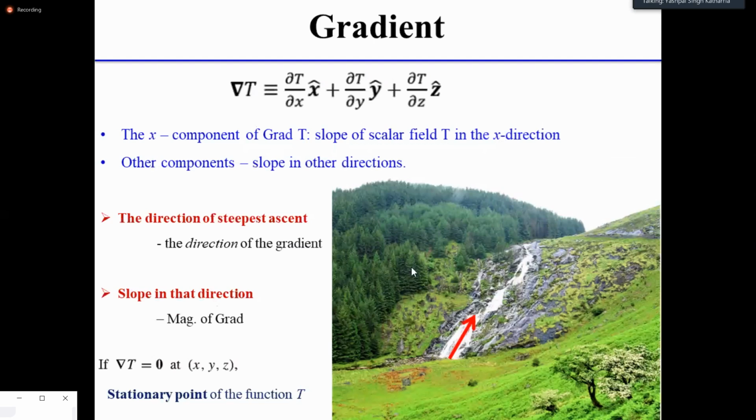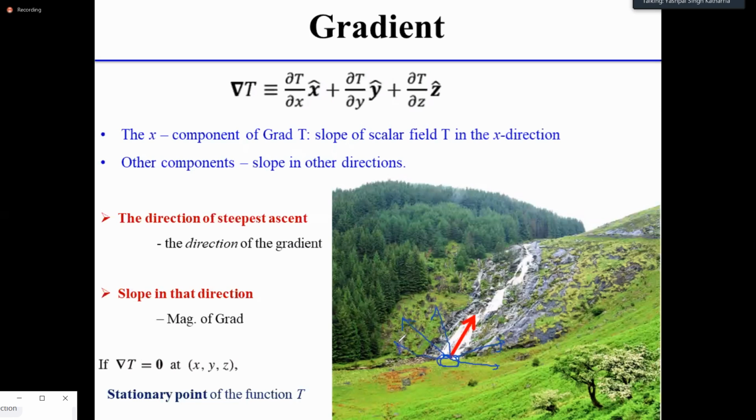I have an example here. Suppose you are standing somewhere on this hillside. Suppose there is somebody at this point here. Standing here, he or she can see that there is an increase in height along this direction, or along this direction, or along other directions too.